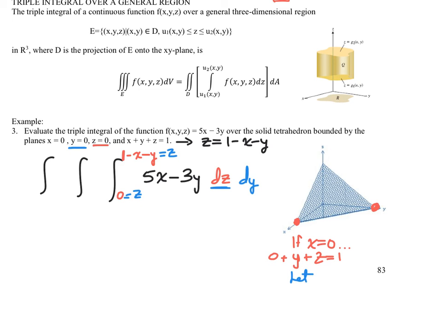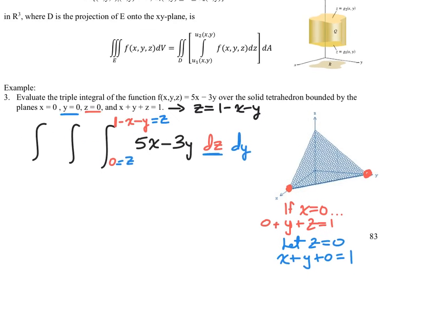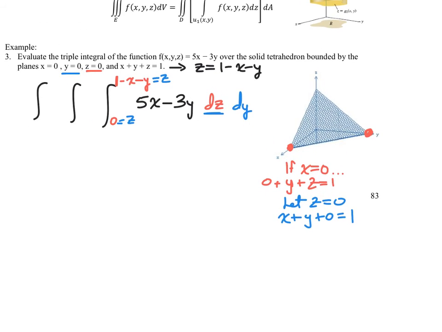So we're going to let z equal 0, and that would give us x plus y plus 0 equals 1. And you know, while I'm at it, I'll do the other one, just so it makes it seem like I did all this on purpose. Let y equal 0, and you get x plus 0 plus z equals 1. I have a relationship between 2 out of the 3 variables.